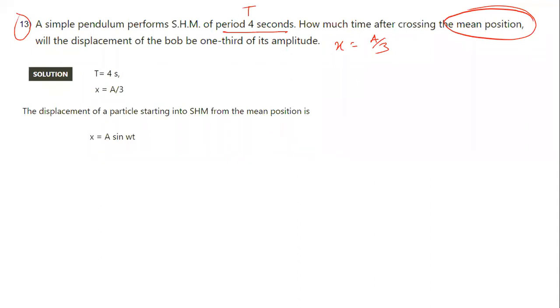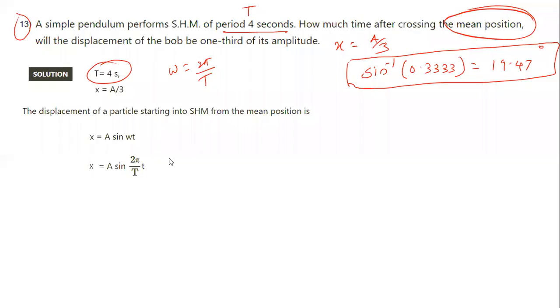Now in that, omega is not given, but here the period is given. So we can write omega is 2 pi by T. Then we get the formula of displacement as x is equal to a sin 2 pi by T into t. Here x we substitute a by 3.